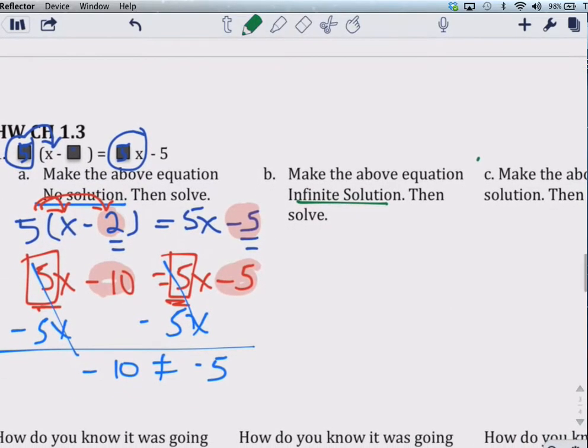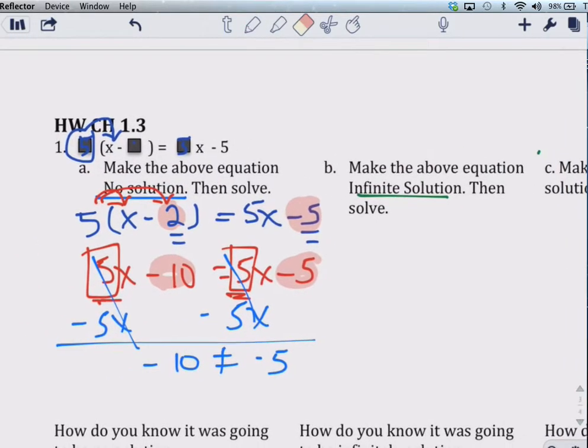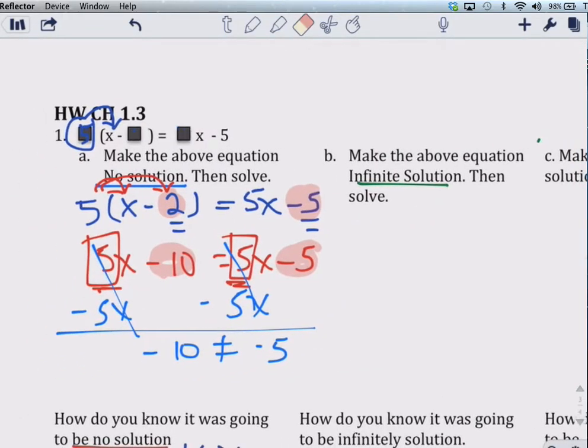The most important thing here also is having the constant to be the same. So in order for me to distribute and get the answer here to be a negative 5, the only number that can be here is 5.